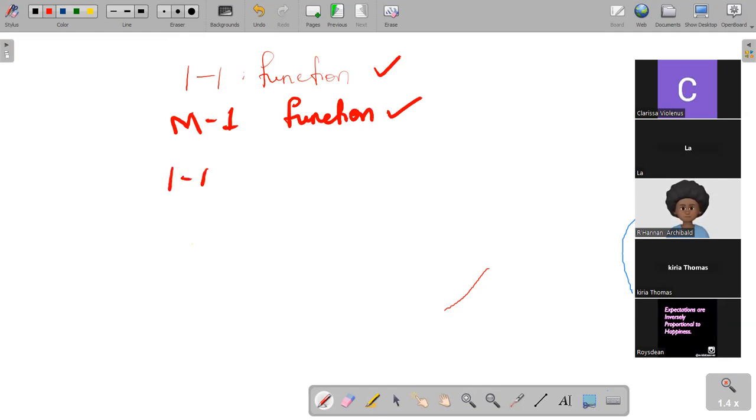And 1 to many is not a function. Which part? How do you remember? How do you stick it in your head? It has to go to 1. It has to go to 1. That is the part we care about the most.